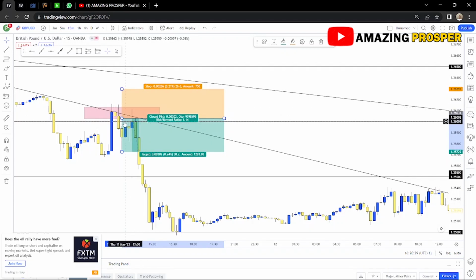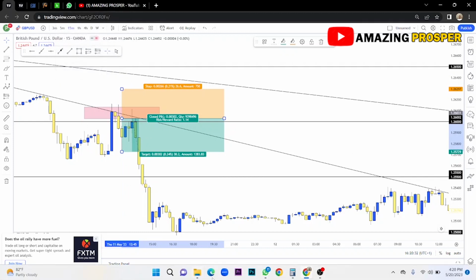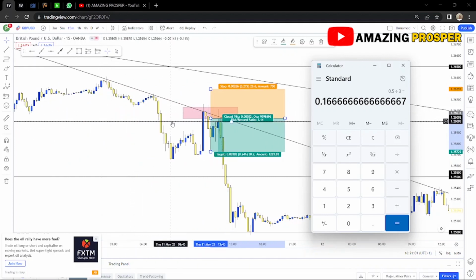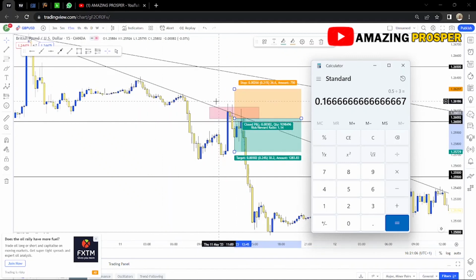With my calculator, remember I divided 0.5 by 3, and it gave me 0.16 lot size. I will get in from here with one position, then wait for the proper leg to complete, to be sure that this is going to move and this is an M. I already know that this has formed an M, the first leg and the second leg.